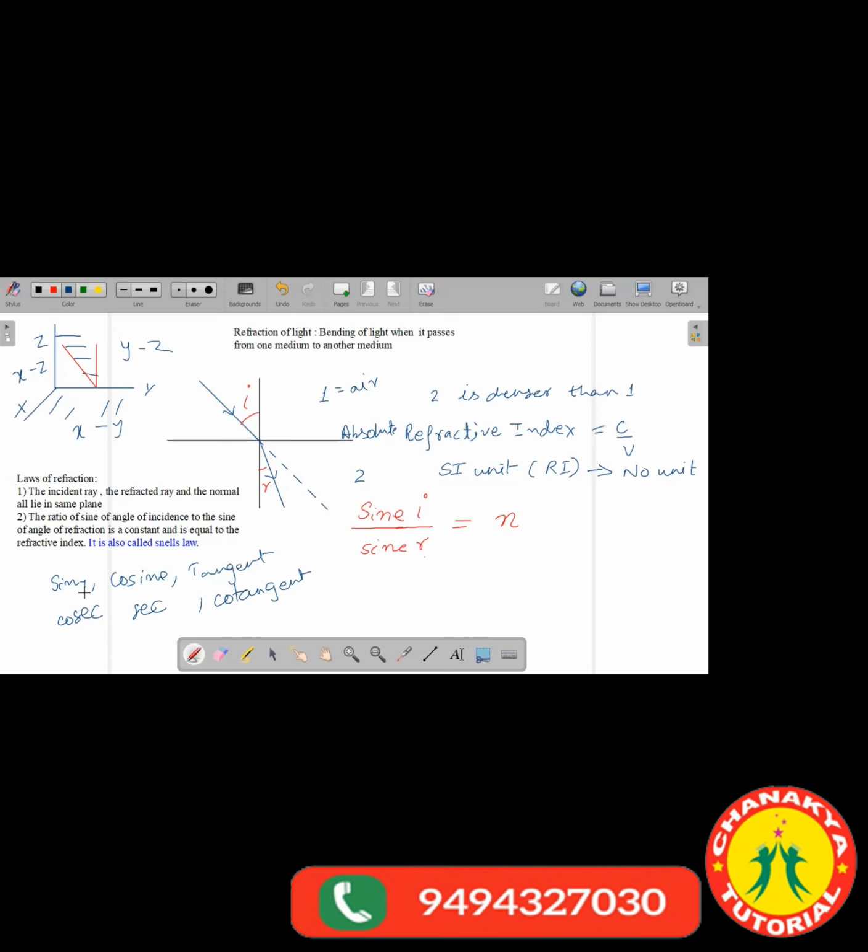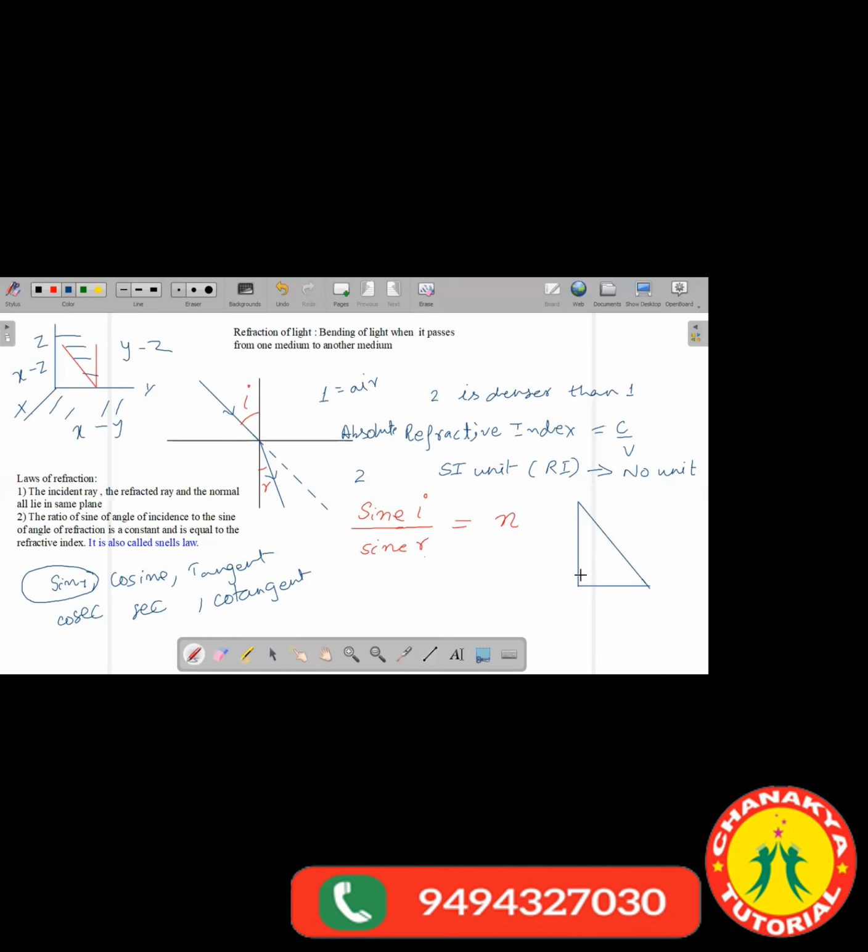Out of those, we are talking about the trigonometric ratio sine. If I just explain sine of any angle, suppose I take a right angle triangle here. In a right angle triangle, we follow Pythagoras theorem.